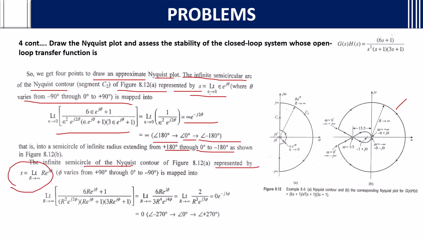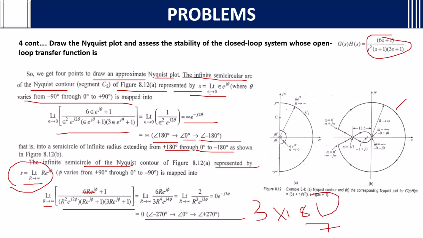In the question, in the place of s, you will just substitute R e power j theta, and in all places of s you substitute this and put the R value as infinity. If you substitute, you will get 0 into e power minus j 3 theta. So the angle is from minus 270 degree to 0 to plus 270 degree. 3 into 180 means what?